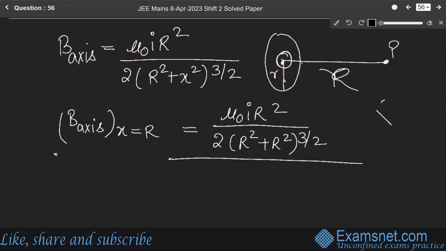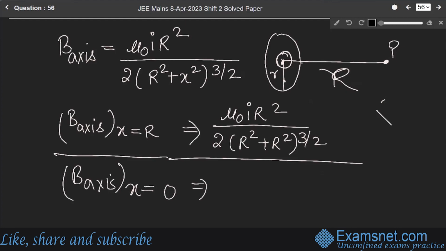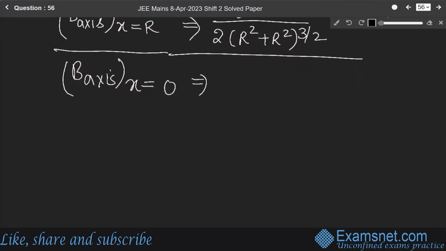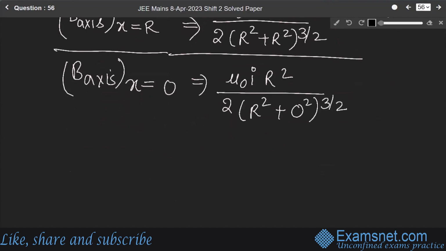Now B on the axis at the center, means x is equal to 0, will be mu naught I r square over 2 times (r square plus 0 square) raised to the power 3 by 2.